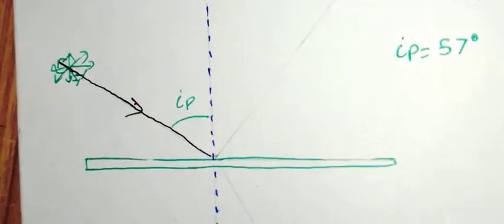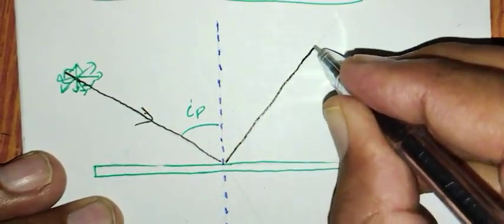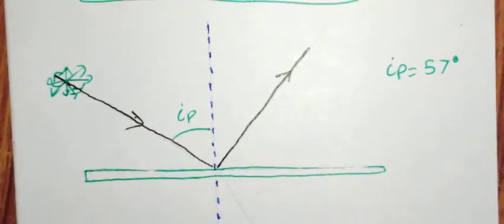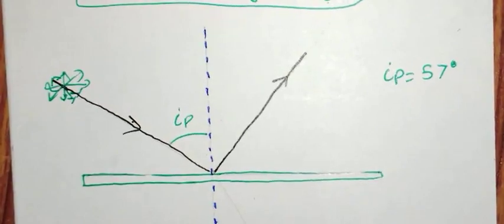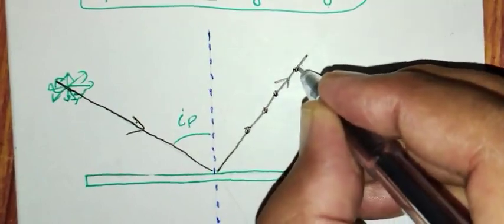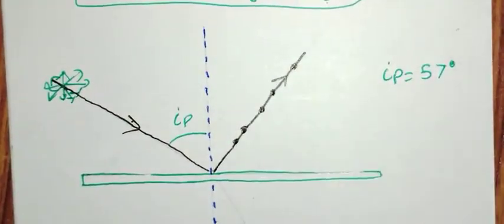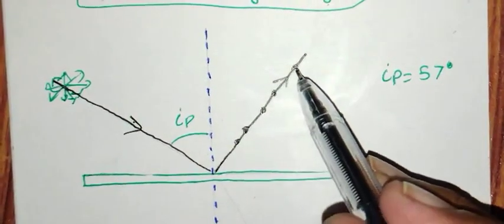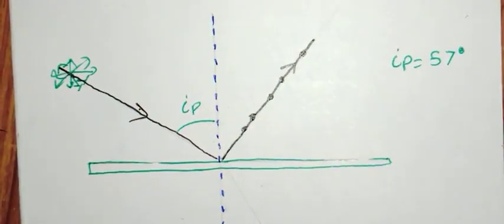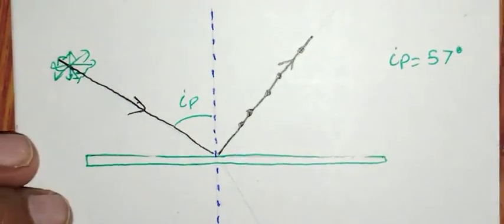In that condition, some of the light is reflected. This reflected light becomes completely 100% polarized. Its plane of vibration lies perpendicular to the plane of the paper, and its direction is given here.